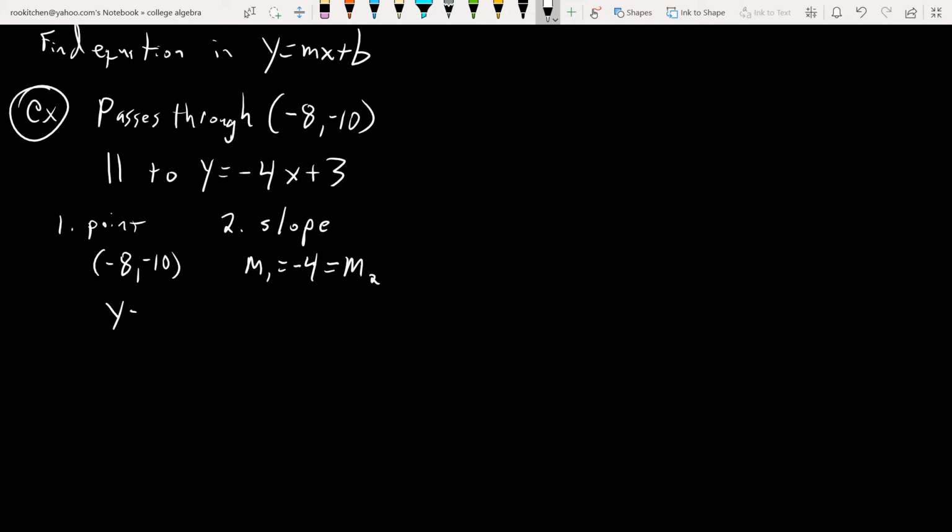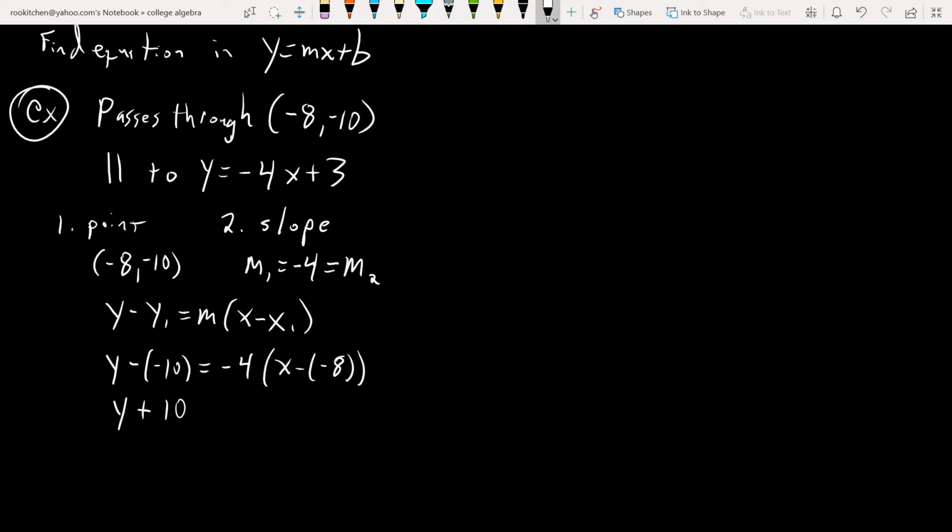Okay, so then we could use point slope form. So y minus y1 equals m times x minus x1. Put in the information, so y minus -10 equals -4 times x minus -8. Okay, and then we just need to get it in y equals mx plus b form. So, you know, I like to clean stuff up a bit.